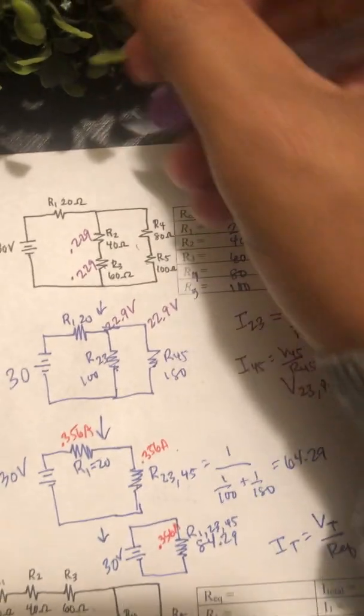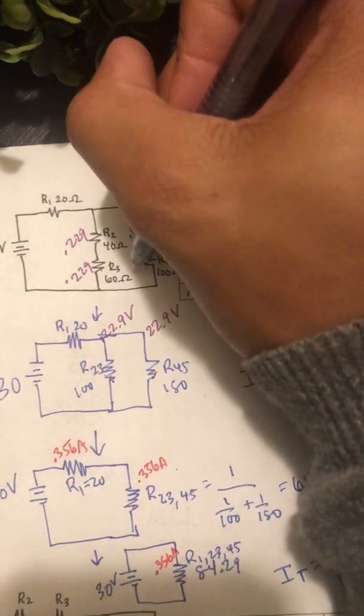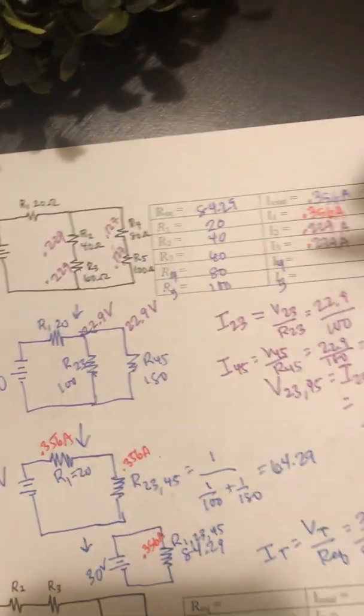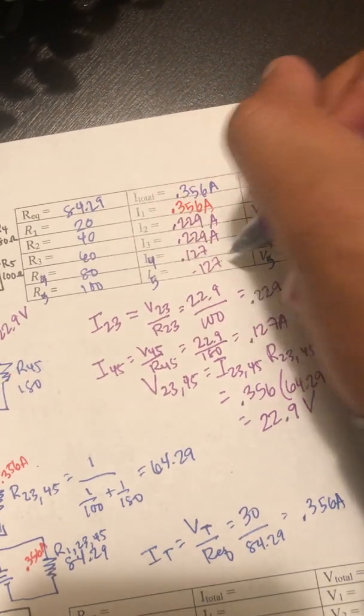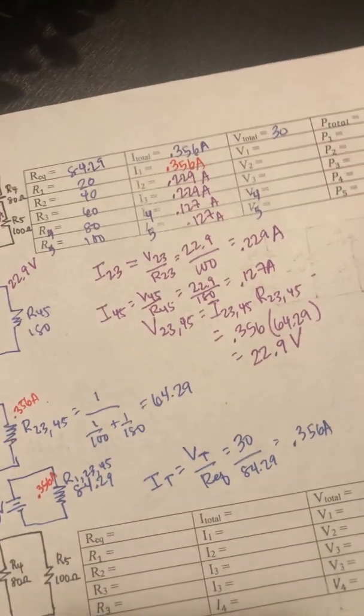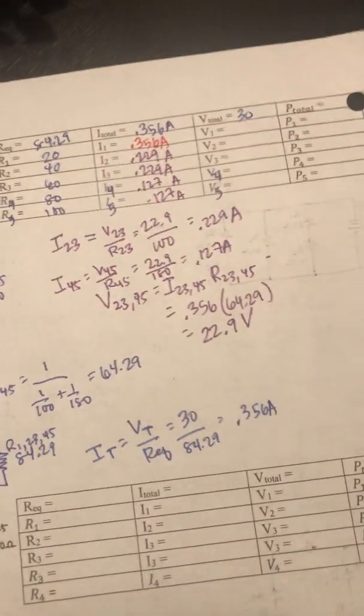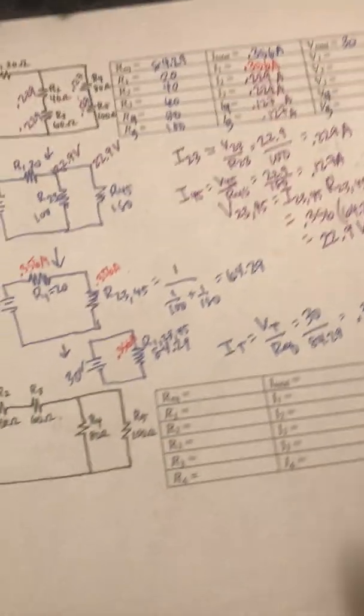That means the current for 4 is 0.127. That means the current for 5 is 0.127. Cool. And y'all know how to find the rest. V is IR, P is equal to IV.